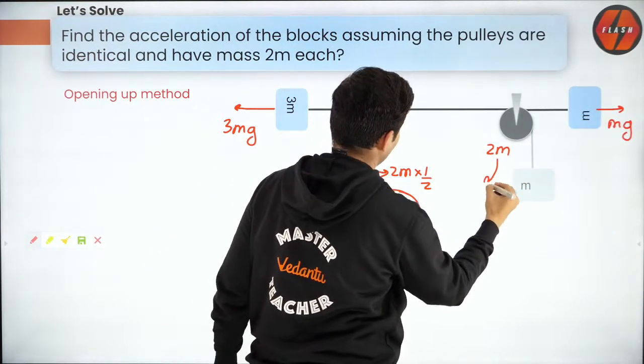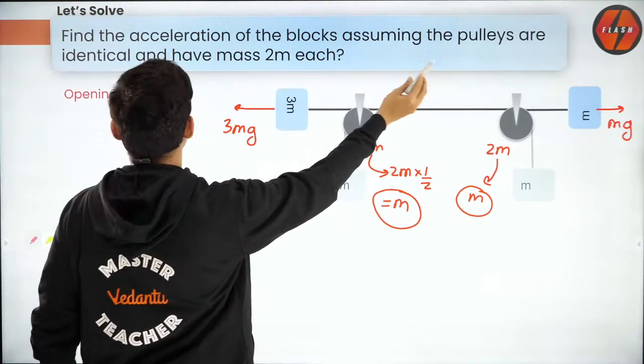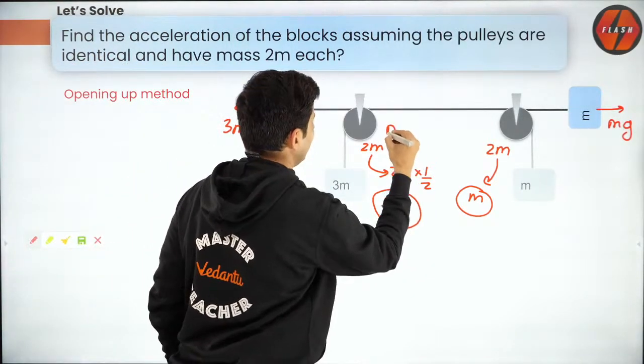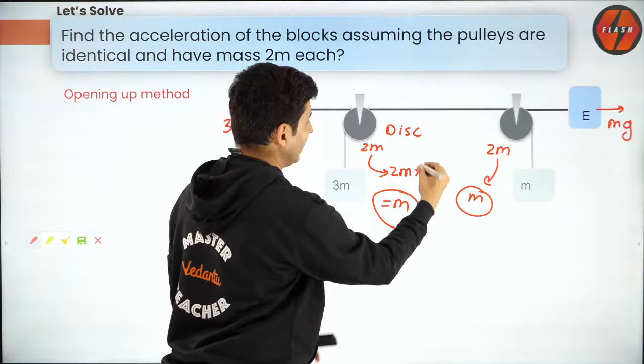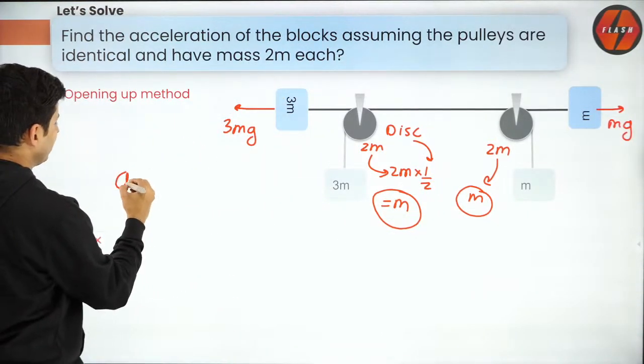So even this 2m will become m. Why? Because they are discs. I think it was given previously. So they are disc-like objects, so the factor that will come over here will be half. Now just use our method.